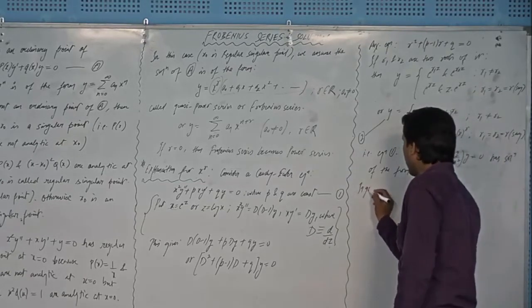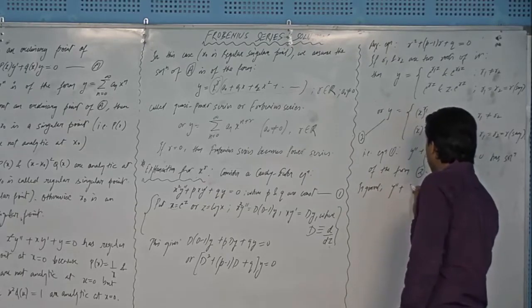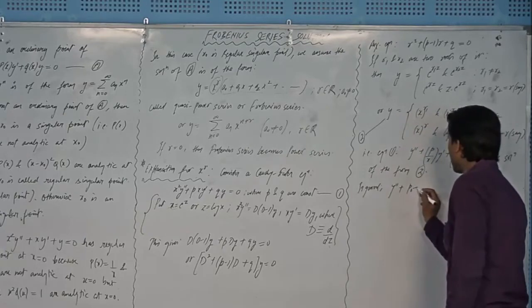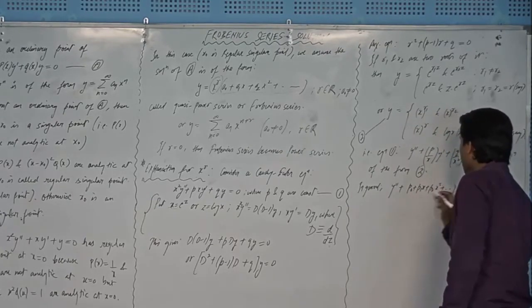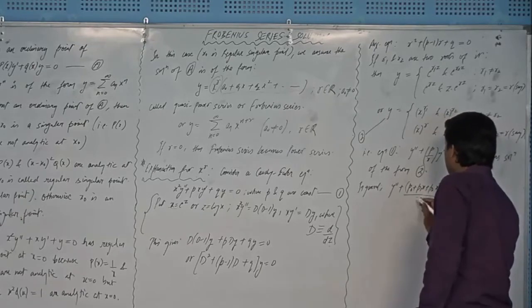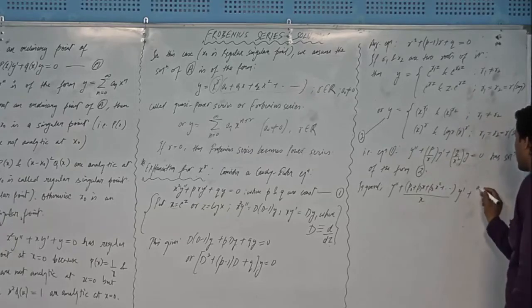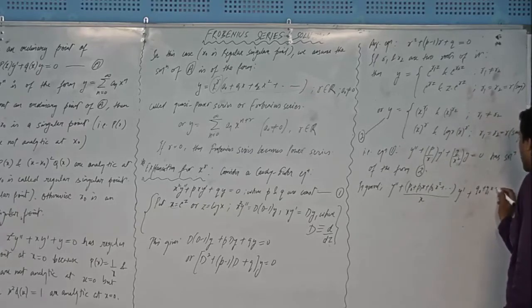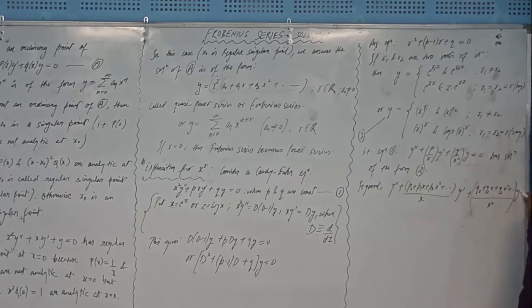In general, y double dash plus the series of p naught plus p1 x plus p2 x square and so on over x, y dash, and replacing q by its power series, q naught plus q1 x plus q2 x square and so on, over x square, y equal to 0, right?